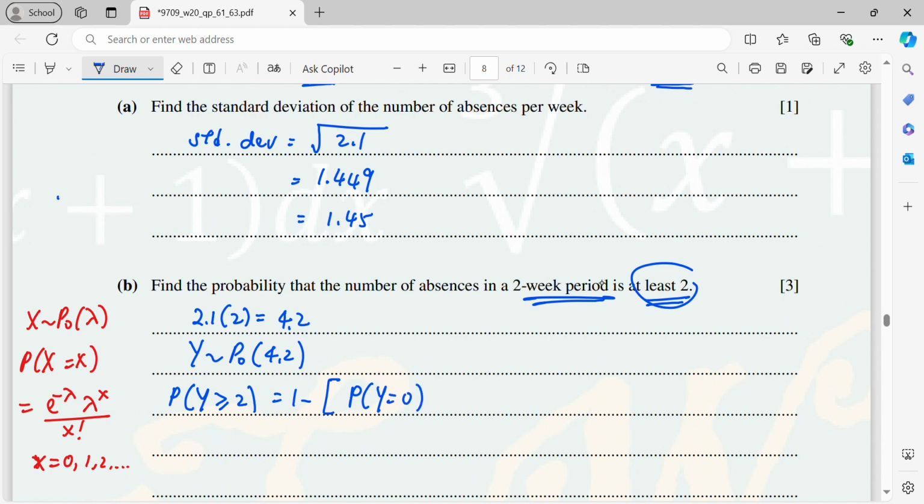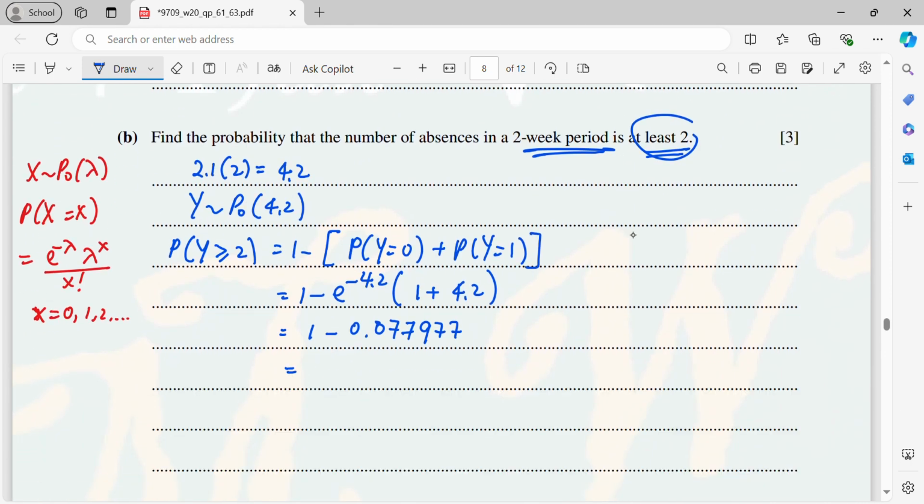Your previous Y values will be 0 and 1. Then here I will get 1 minus e to the negative 4.2, times 1 plus 4.2. And here you will be getting 1 minus 0.077977. And now here I round to 3 significant figures. That is 0.922.